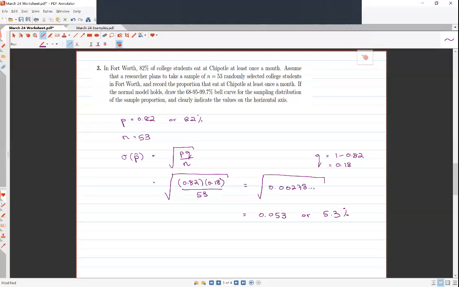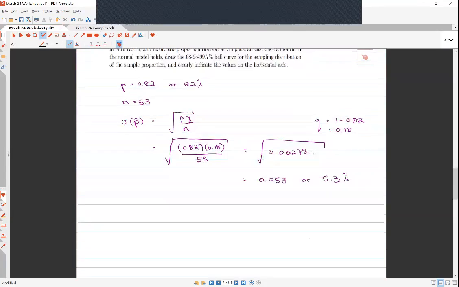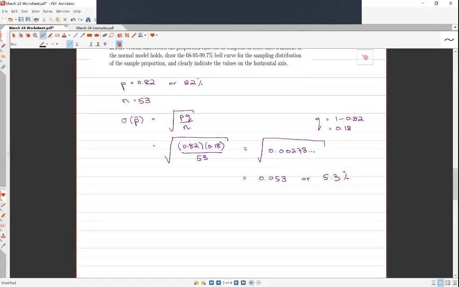So again, what this tells me is if someone goes and samples 53 college students in Fort Worth, and they ask them whether they eat at Chipotle at least once a month, then they would expect close to 82% in the sample to say, yes, they do, but the 5.3% tells us how much deviation there is in either direction, and we can visualize that with our bell curve.